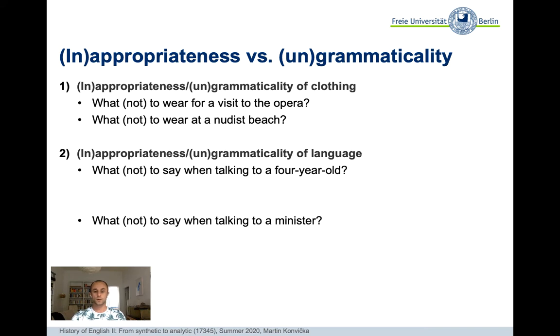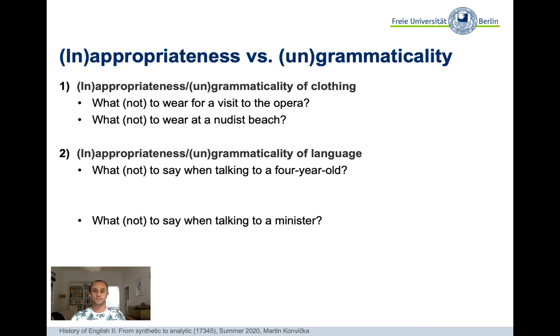We should also do that when we think about language, not think in terms of grammatical or ungrammatical, because this really doesn't help that much. I mean, there are things in language that are completely ungrammatical and unacceptable, right?